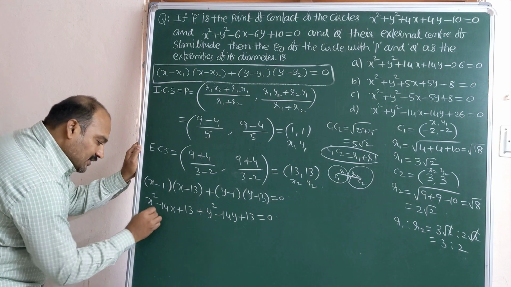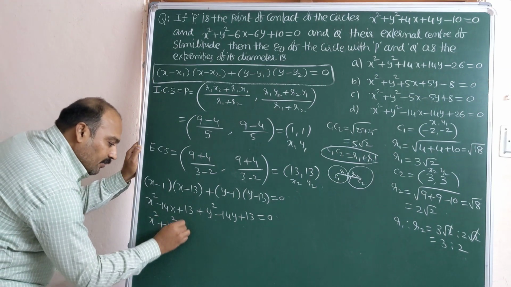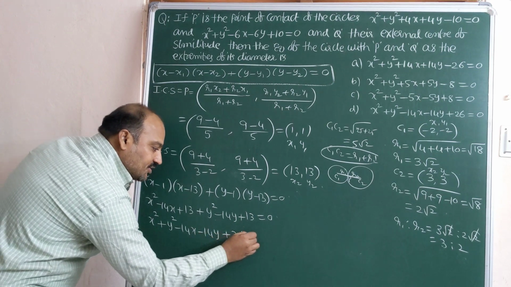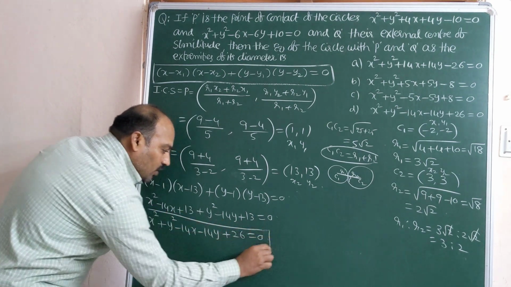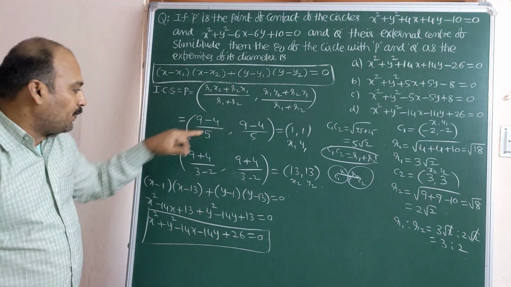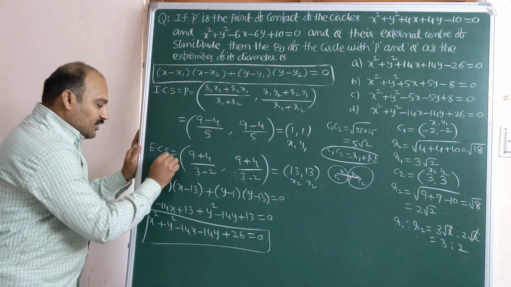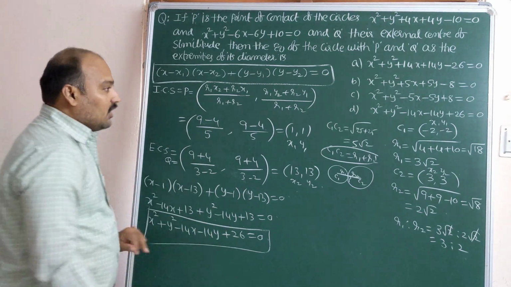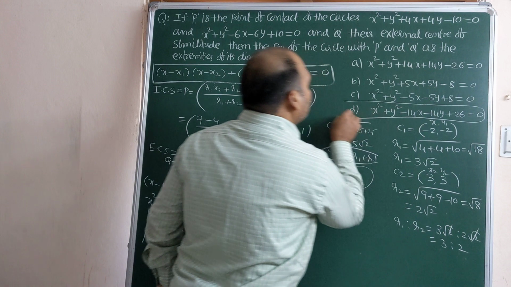So therefore x square plus y square minus 14x minus 14y plus 26 equal to 0. This is the required equation of the circle whose end points of the diameter are P and Q. This is Q, dear students. So among the options, the last option is going to satisfy.